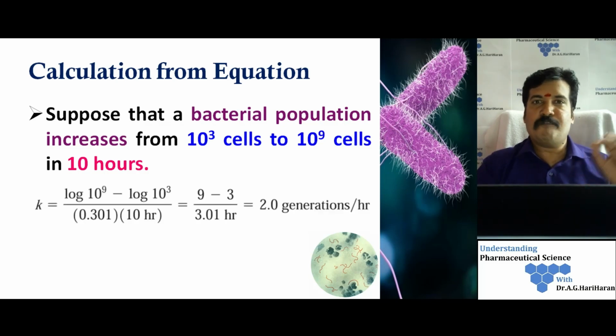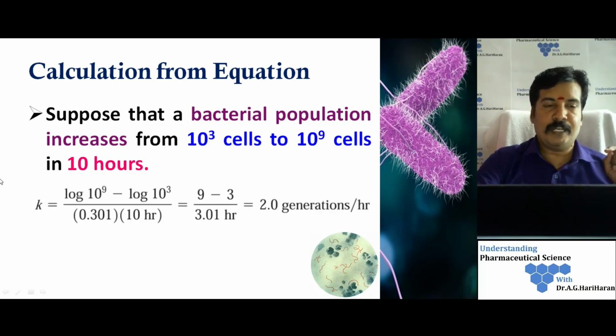If I put in the formula, the mean growth rate K is log Nt minus log N0 by 0.301 into G or t, right? So K is log 10 to the power 9, which is Nt, minus log of the initial population N0, 10 to the power 3, by 0.301 and the t is 10 hours. So 9 minus 3 by 3.01 hours. So we got the mean growth rate as 2 generations per hour.